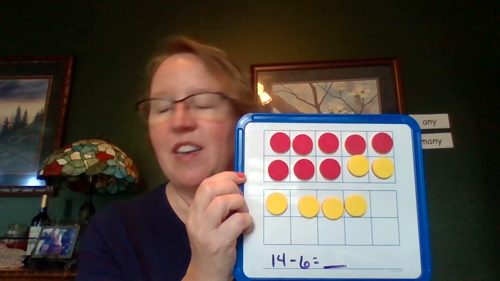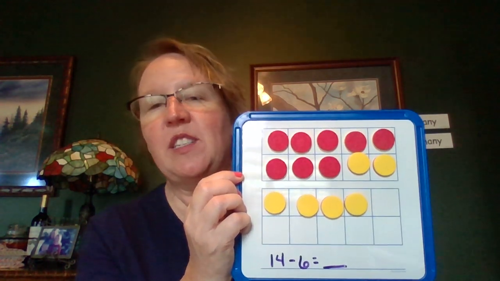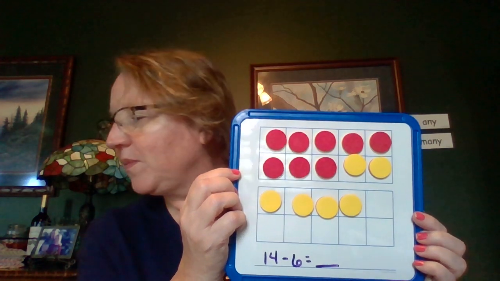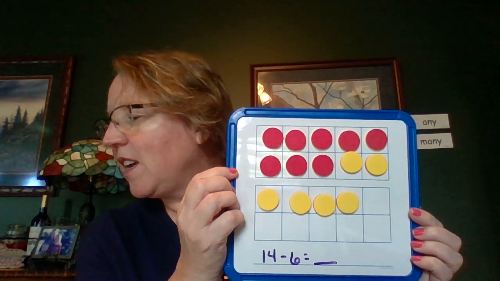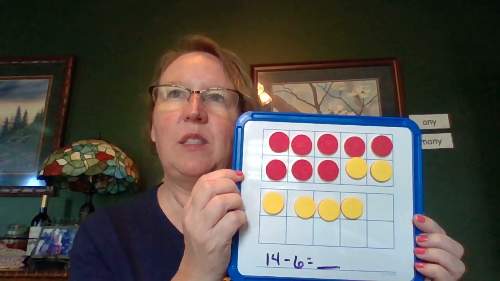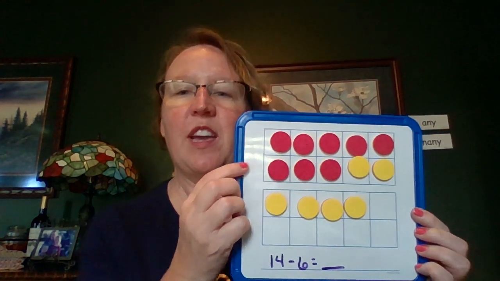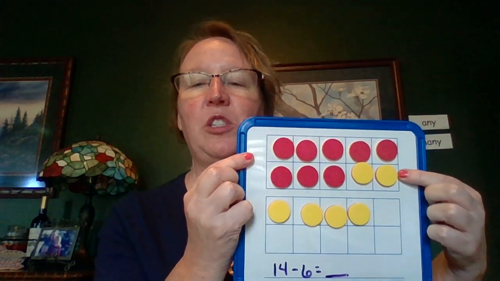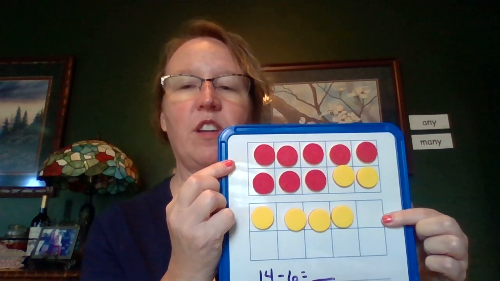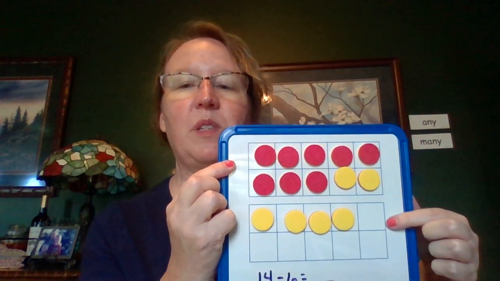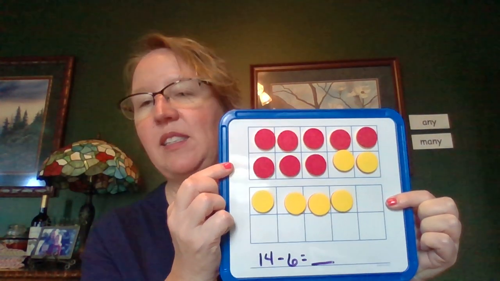Now, what we can do is that we look at this and we think about 6 being 2 and 4. Okay, so here's my 6, here's my 2 here, and here's my 4 here. So I've got these 2 plus these 4 make the 6.